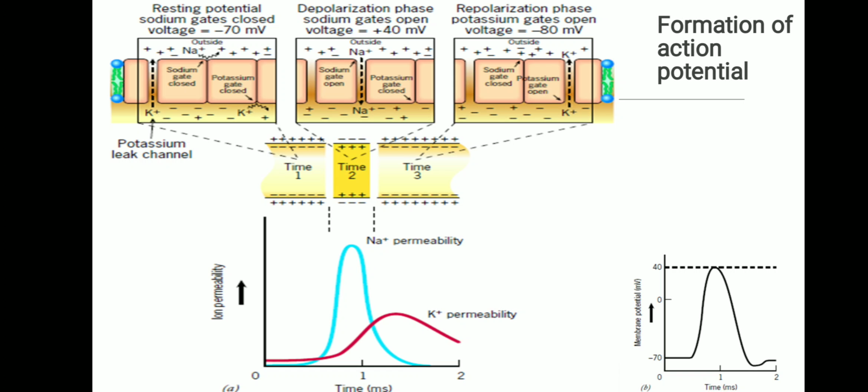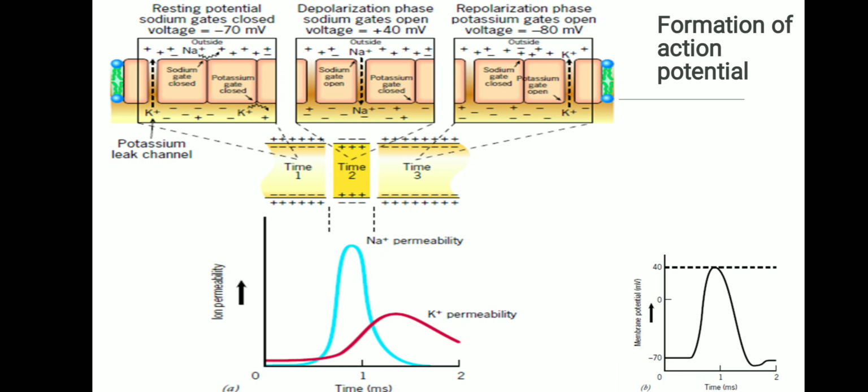This positive charge causes a decrease in the polarity between the two sides of the membrane. It is called depolarization. This depolarization stimulus decreases the membrane potential by only a few millivolts, then it rapidly comes back to the resting potential.